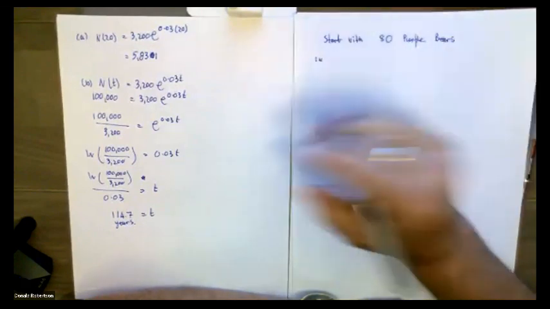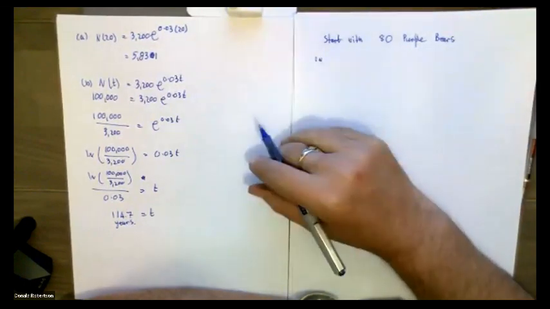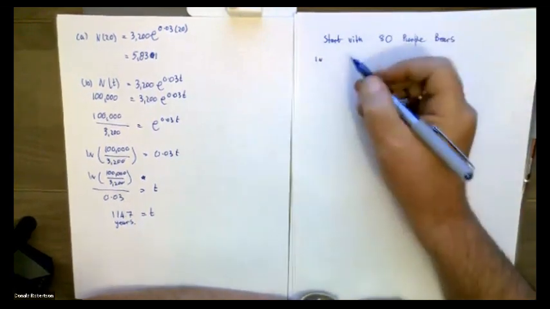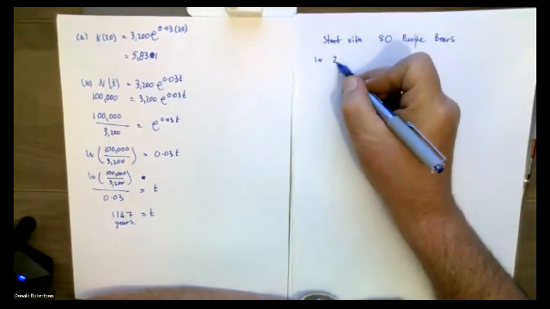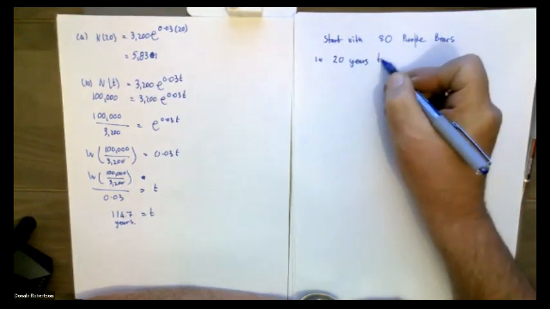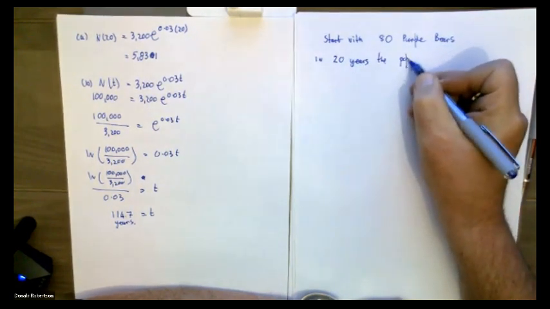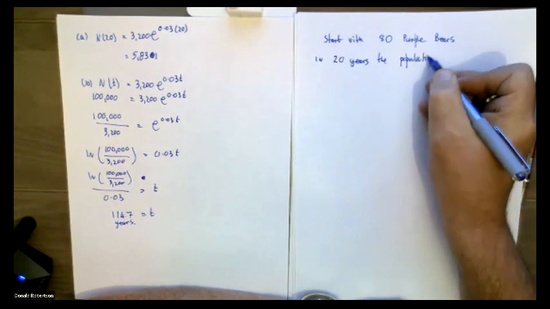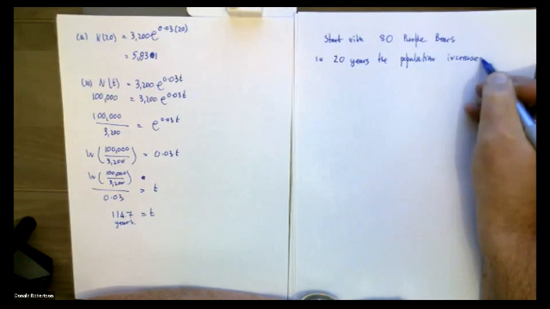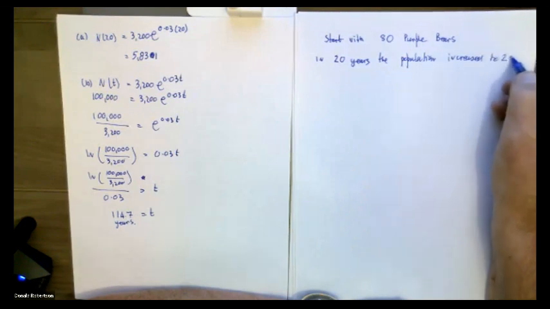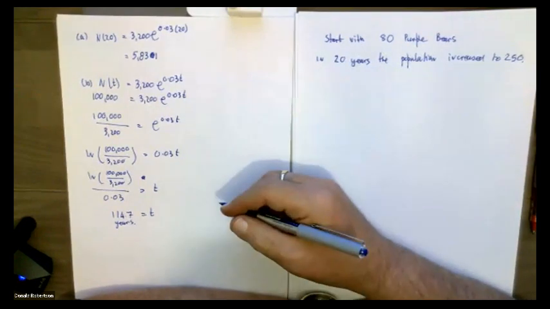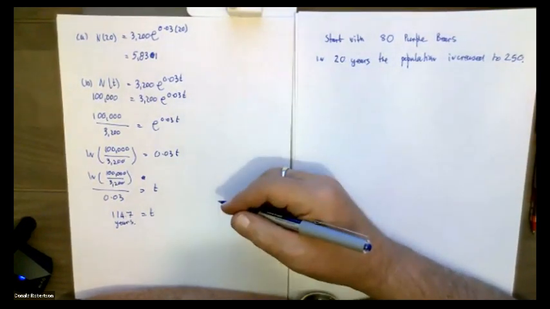They put fences around it, they protect it from poachers. And because they did such a good job, in 20 years the population increased to 250. So, I mean, there's still not a lot, but there's more than there used to be.